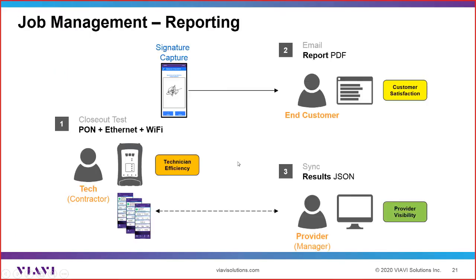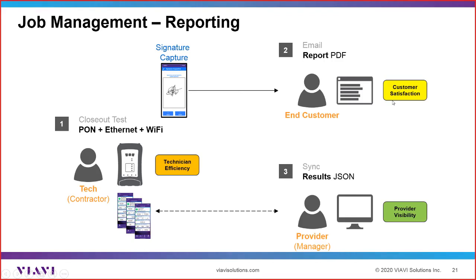So really the way it works is the technician or the contractor does the PON, Ethernet, and Wi-Fi closeout test, and then can record all the information for the site. You can have a signature captured from the customer approving the work. Then you can email the report in PDF to the customer.